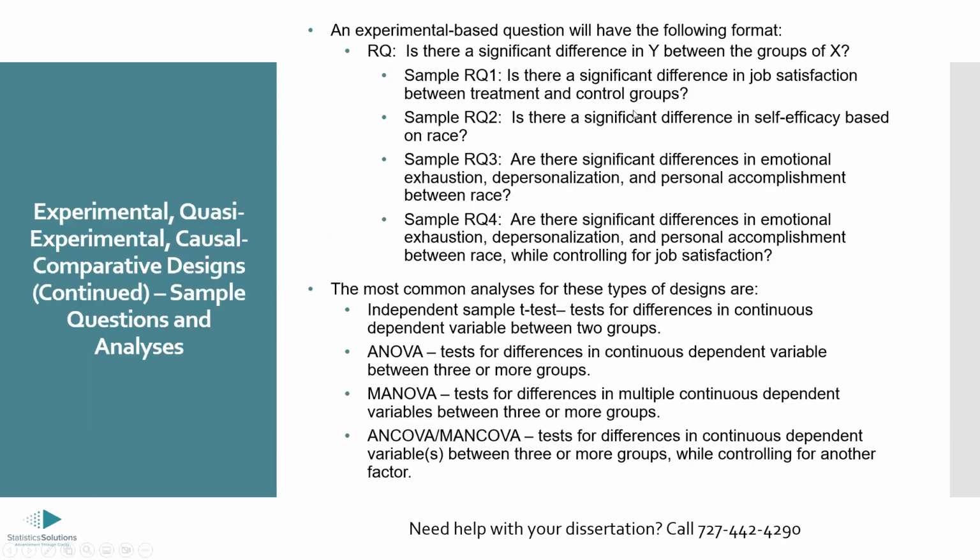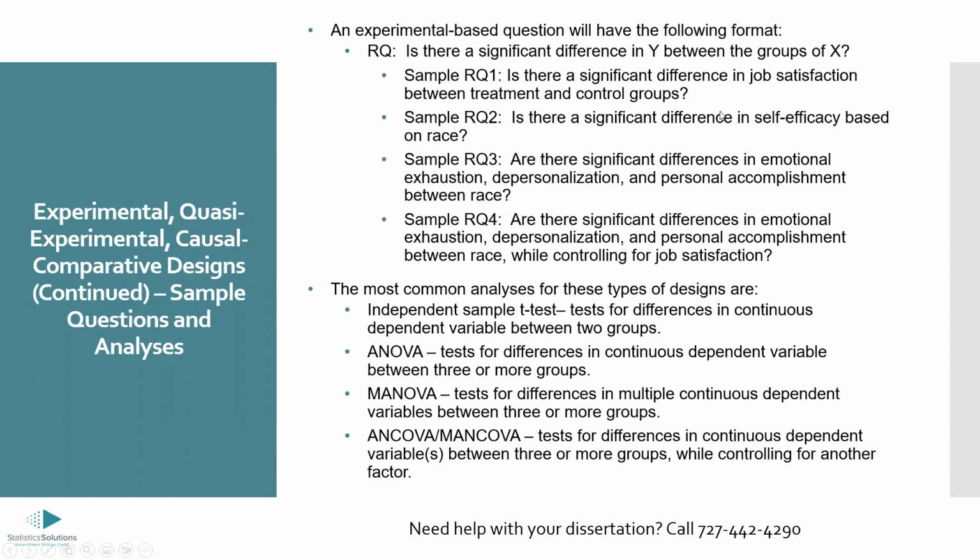Okay, here we have some sample questions for an experimental, quasi-experimental type design. And generally, you're going to put your dependent variable first for this instead of last, like a regression approach. So you're asking, is there a significant difference in your dependent variable between the groups of your independent variable? And here you can see some samples.